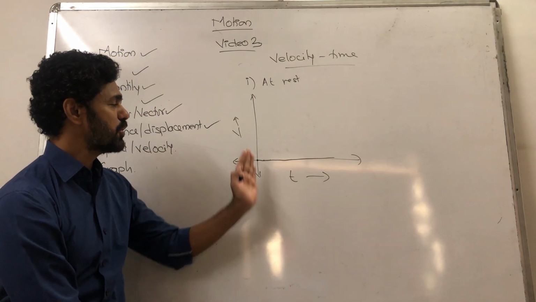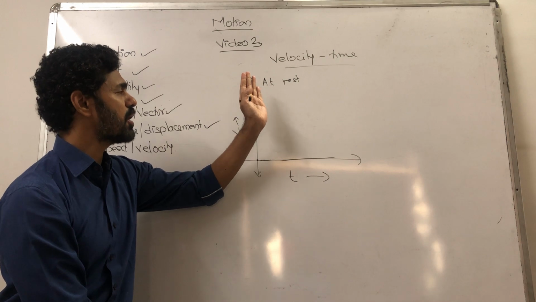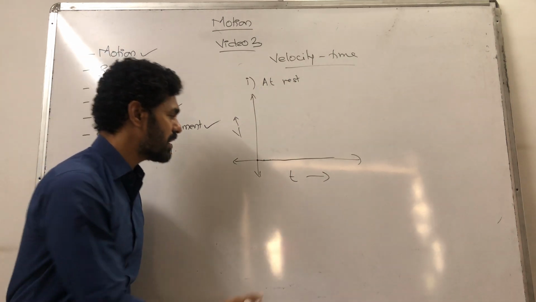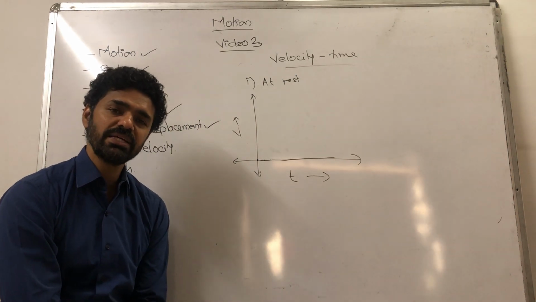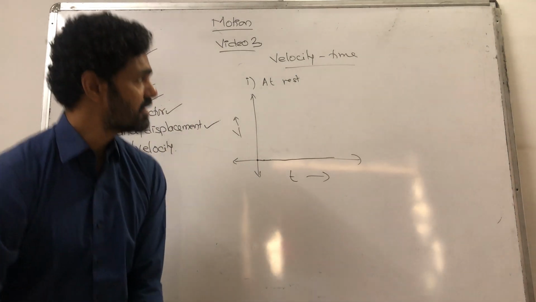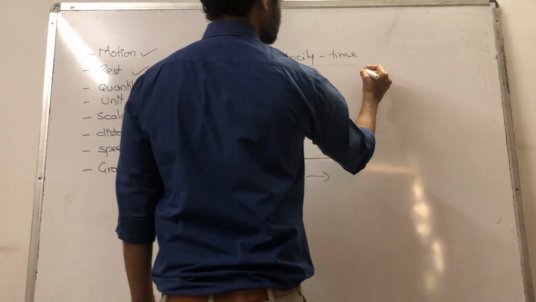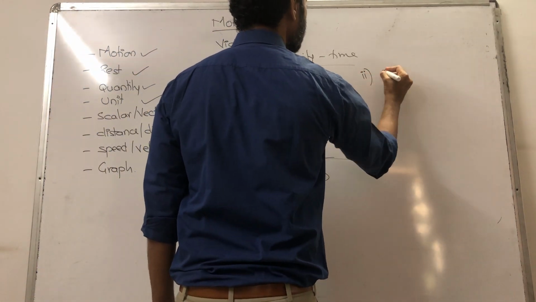Hence, you will observe that for an object at rest, the velocity time graph is the straight line which is represented by the x-axis. Now let's look at a velocity time graph for a body performing uniform motion.